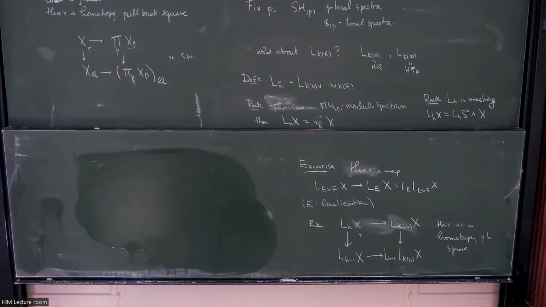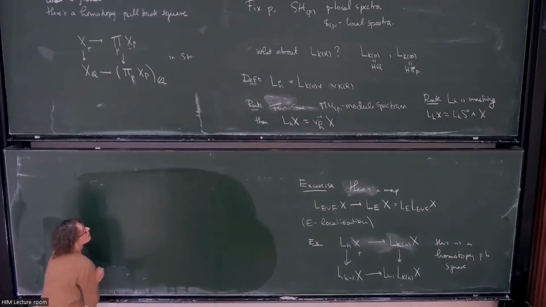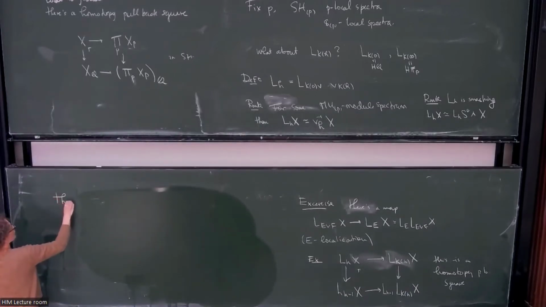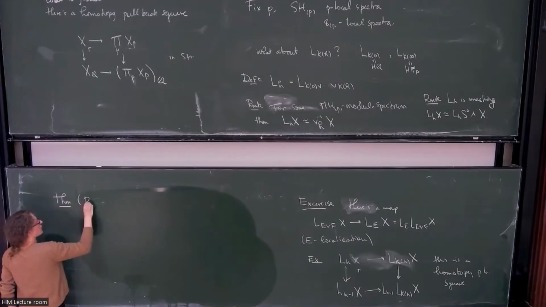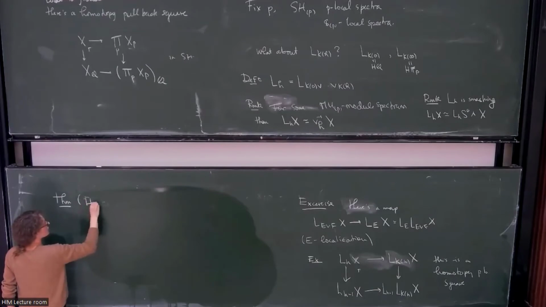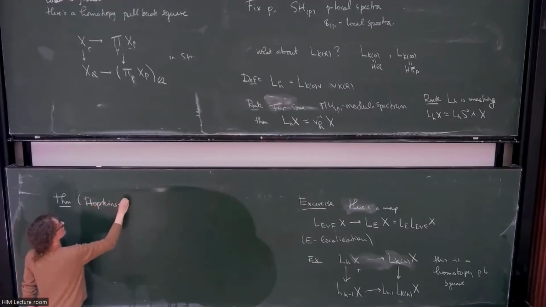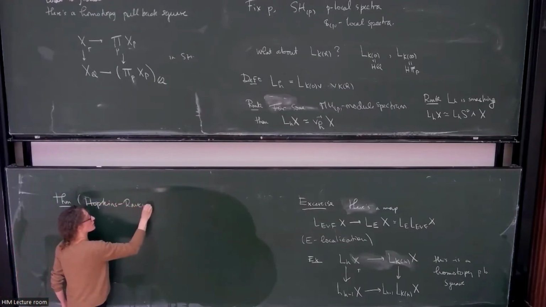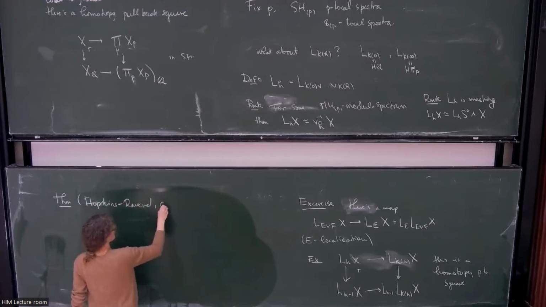I guess the next word was, it was returning to the next word, but that's okay. And now, here's a theorem of Hopkins and Ravenel. I guess it's Hopkins-Ravenel. This is called the chromatic convergence theorem.